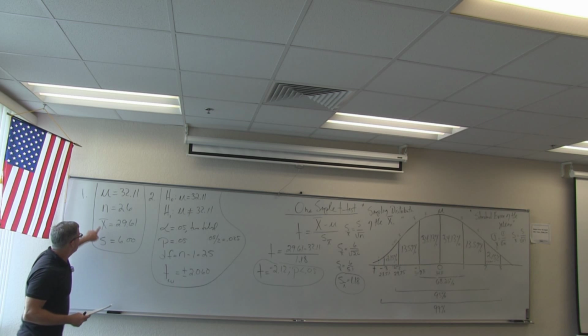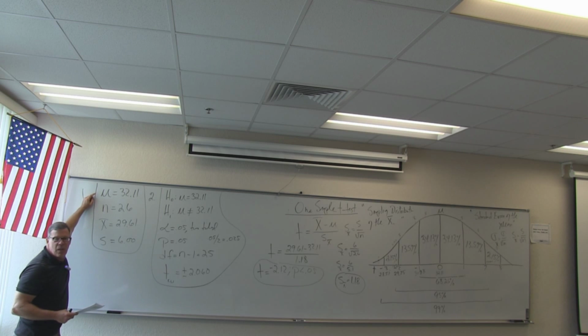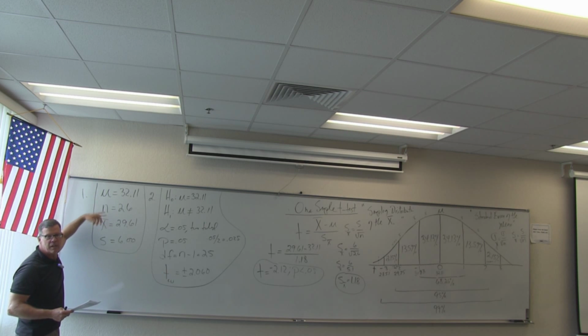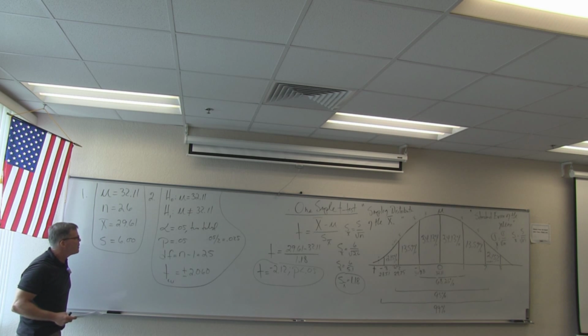We have statistical significance here, but not a whole lot of practical significance. I haven't talked about practical significance. There's about a 2.5-year difference here. What's the difference between being 29.5 years old and 32 years old? Not much. So we have a statistically significant difference, but not a whole lot of practical significance.